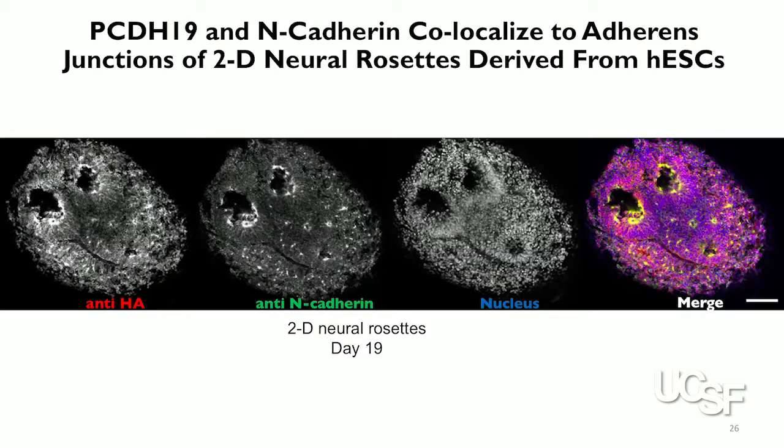This is the nuclear counterstaining, and this is the merge between HA and N-cadherin. It's nicely co-localized with N-cadherin at the adhesion junction, which is a reminiscent structure of the SVZ of the human cortical region.